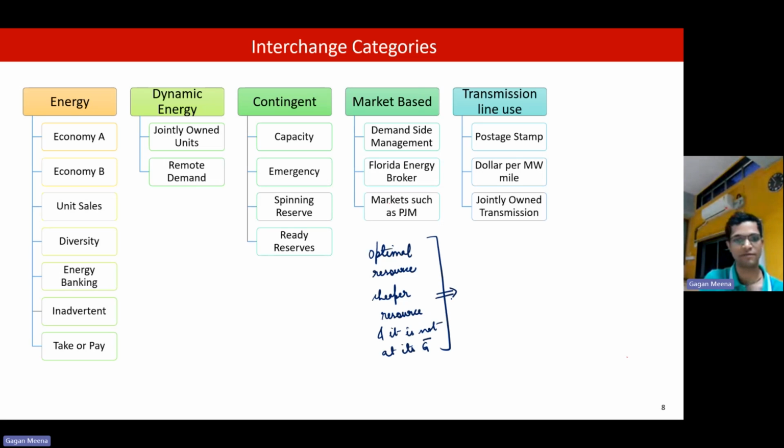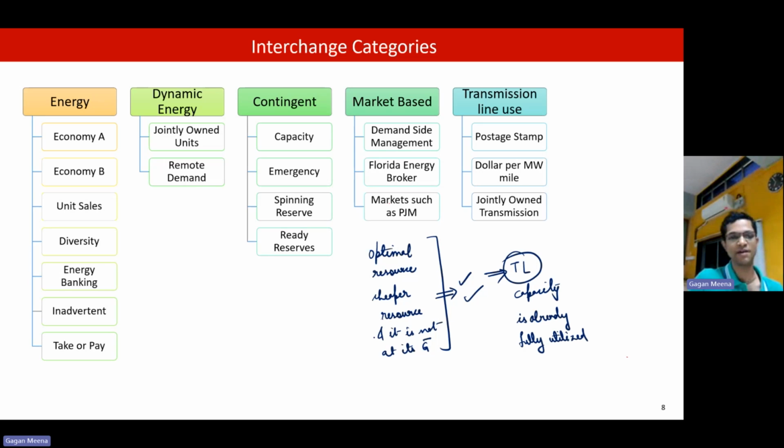Then technically it can meet the demand, and economically also it can meet it because it is very cheap. But if the transmission capacity is already fully utilized, then although the generation is cheaper and available, we cannot satisfy the demand.